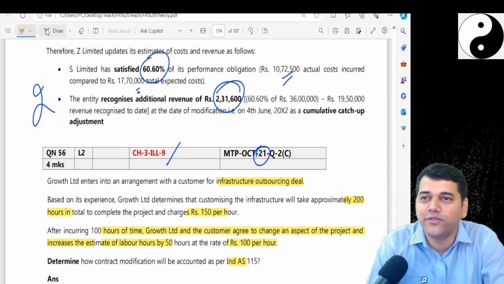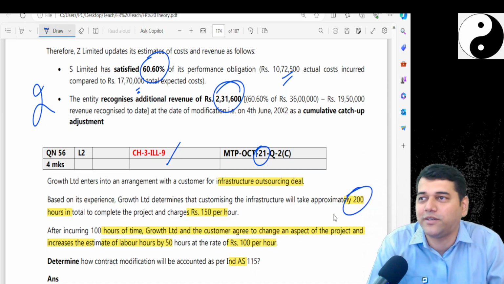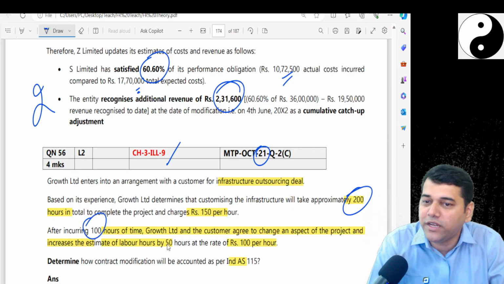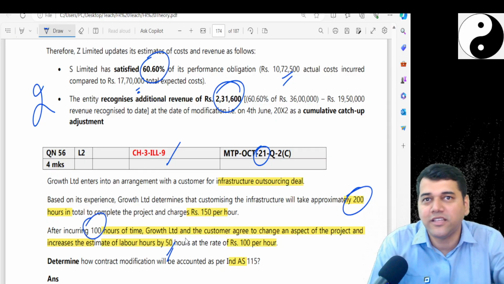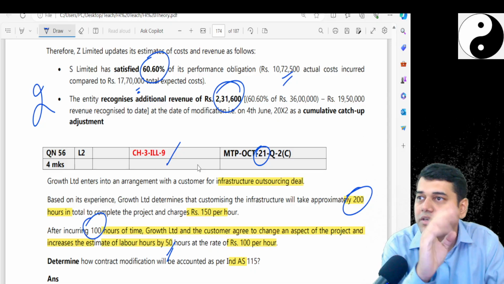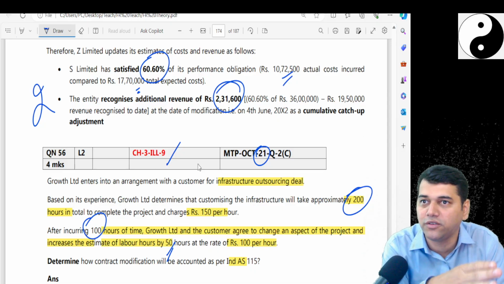See, you started this contract with the 200 hours and already 100 hours you have finished. Then you went with this adjustment, and this adjustment is among 1, 2, 3. Which one you will choose? Third. Termination of old and continuation of the new.